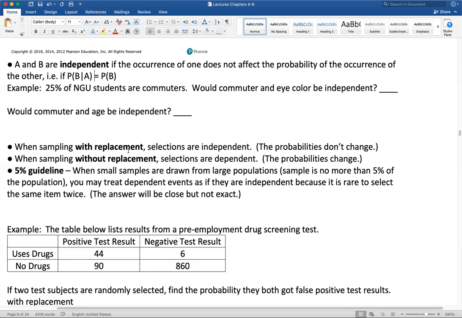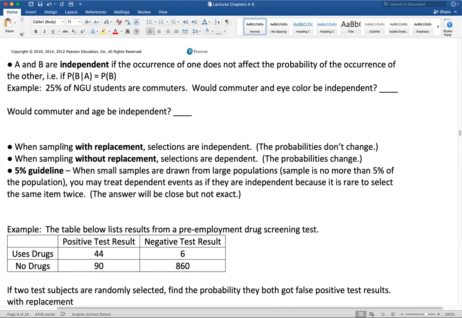But what if you didn't put the first candy back into the jar? Then the probability that the second candy is blue will depend on the color of the first candy, right?